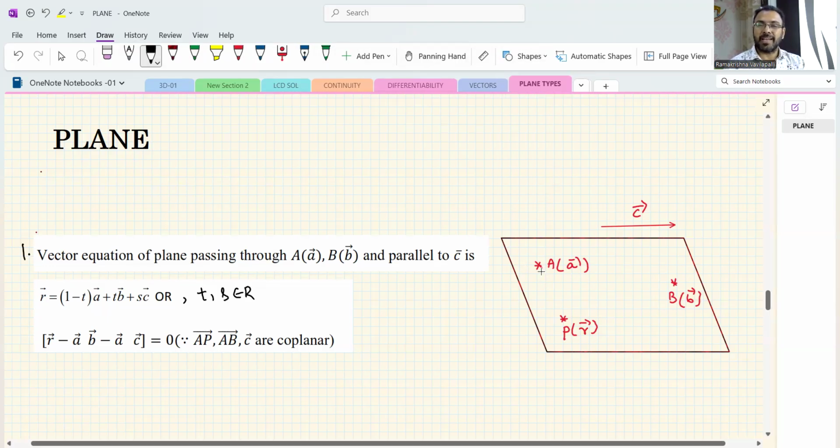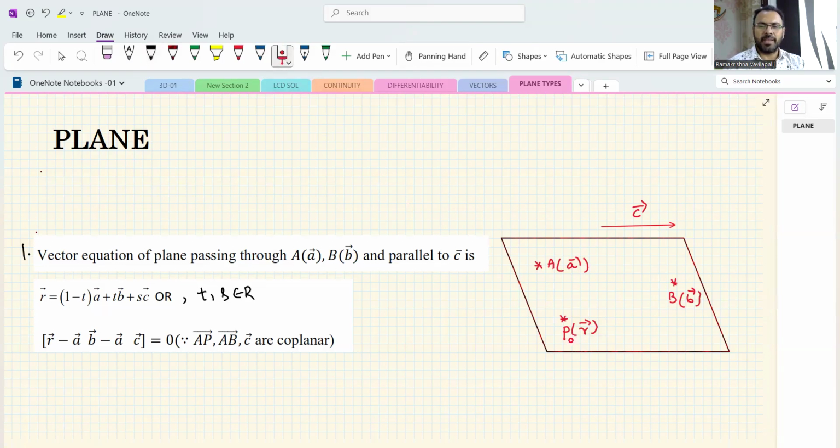So here I have taken 2 points on a plane, parallel to the C bar vector. Now take any point on the plane as P of R bar.